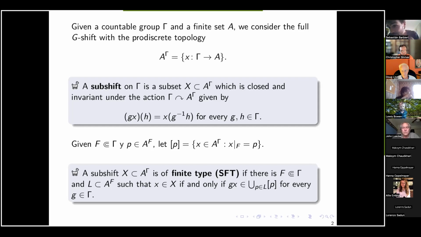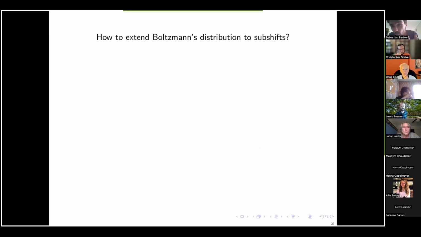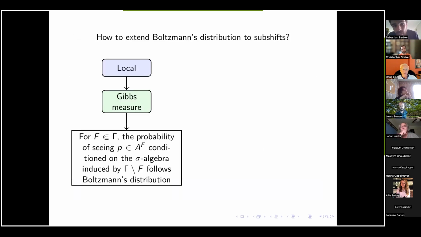So those are going to be the objects I'm going to be considering. I'm going to be considering subshifts and subshifts of finite type. And I'm going to want to generalize this idea of having Boltzmann distributions on them. So there's two ways to extend this kind of distribution to subshifts. There is a local way of thinking, which is the following.